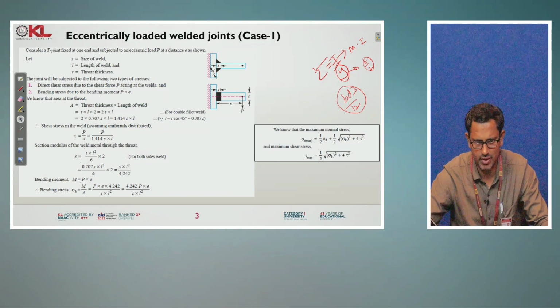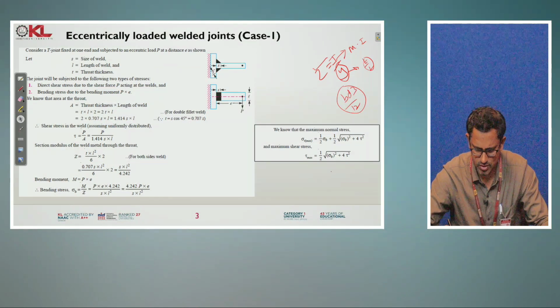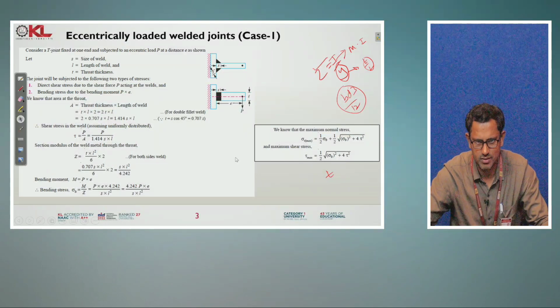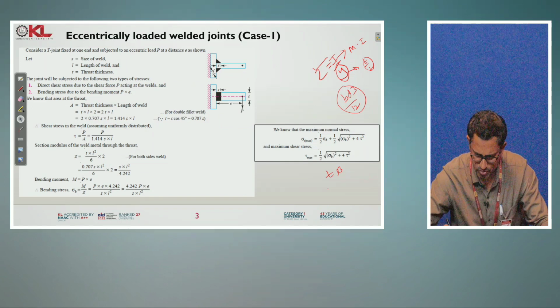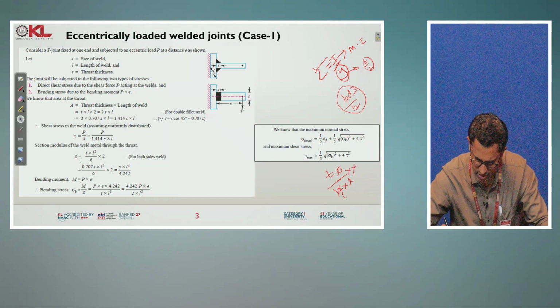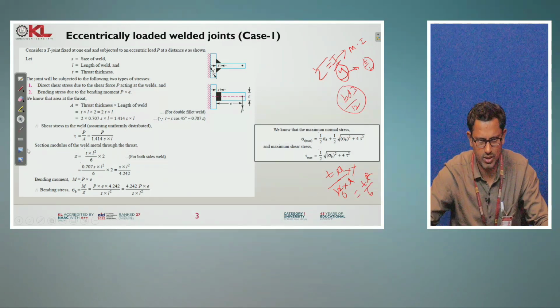How are you getting this value? Here this length is L, so T into L cube by 12, and Y is nothing but L by 2. So 2, 6, L gone, and we will get T L square by 6. That is the Z value you got here. Since it is a double transverse weld, it is multiplied by 2.